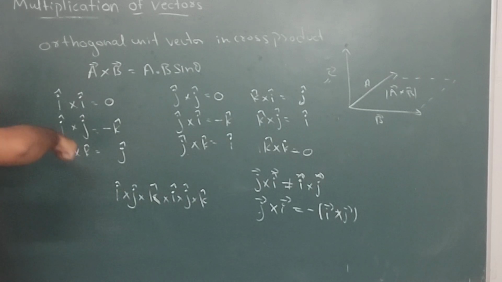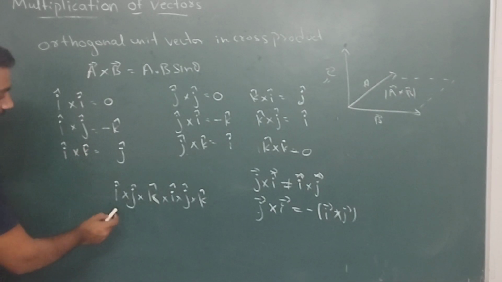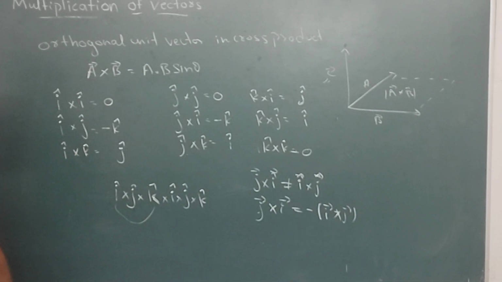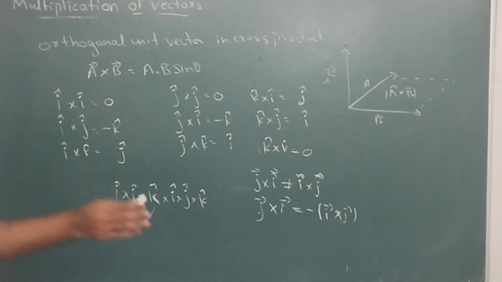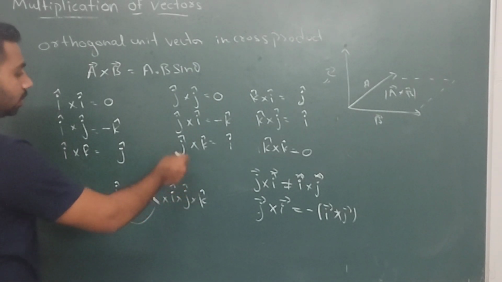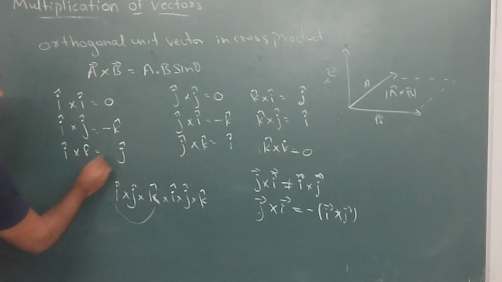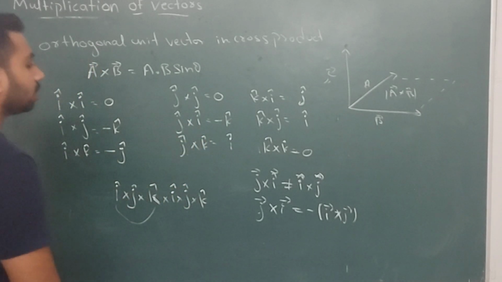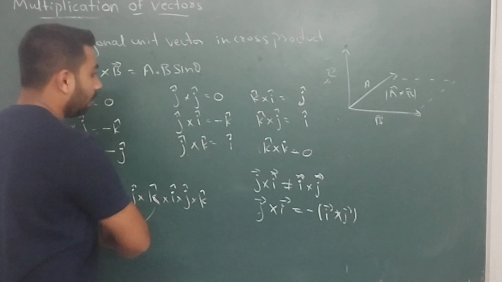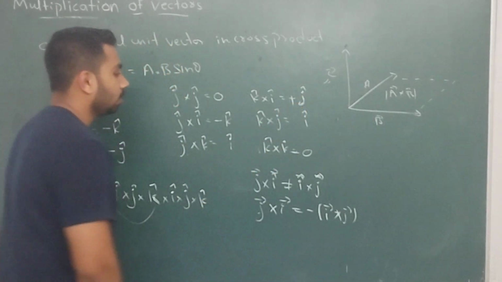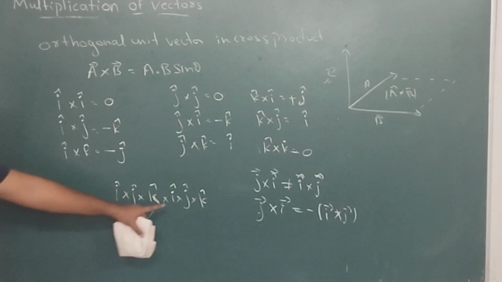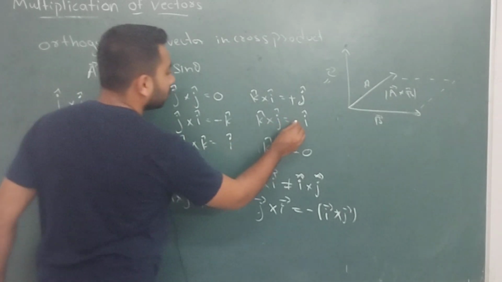From j to i, the answer is here. Now i and k are very far apart. Here, jk comes after i, so it is positive, and the reverse becomes negative. ki becomes positive, and kj is the reverse, so it becomes negative.